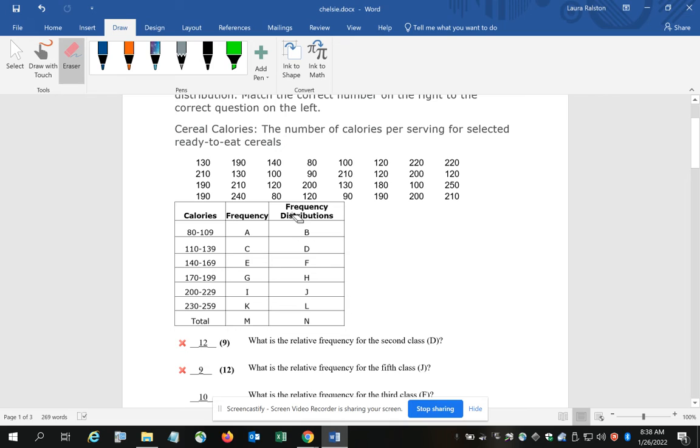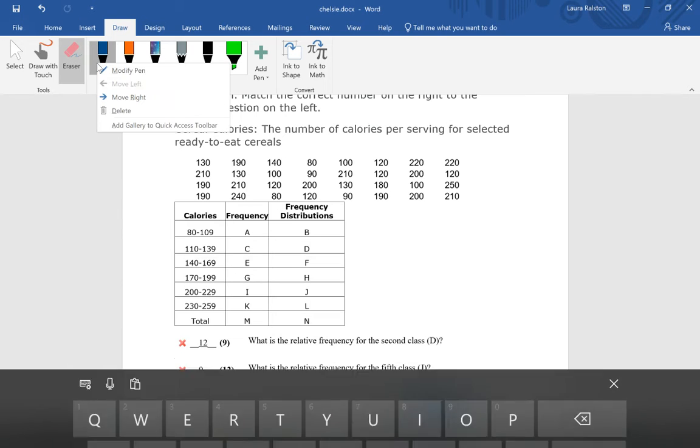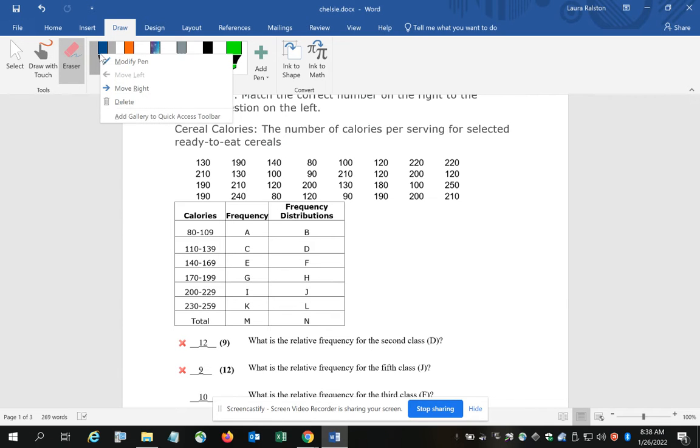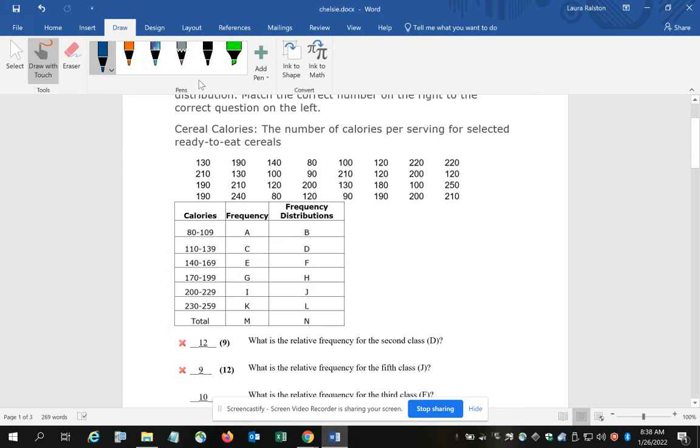There's a typo there. Let me see if I can correct that typo so you'll see the difference. Where it says frequency distribution, that should really be relative frequency.